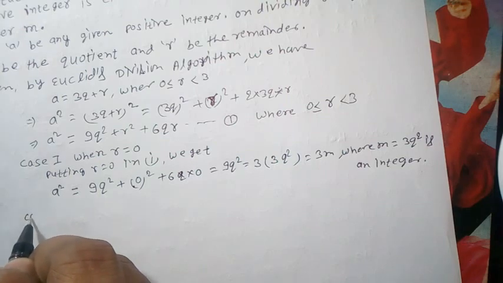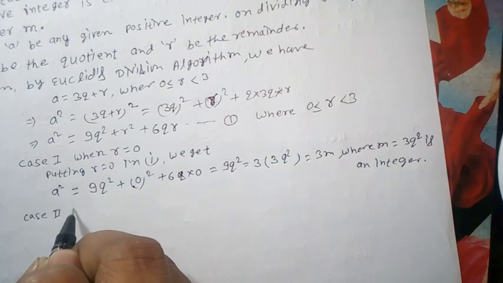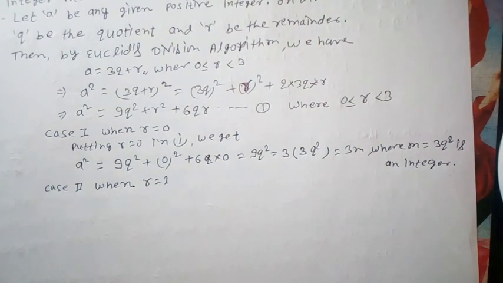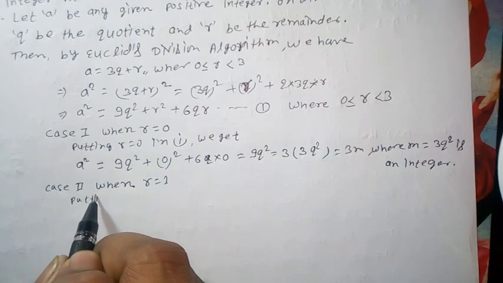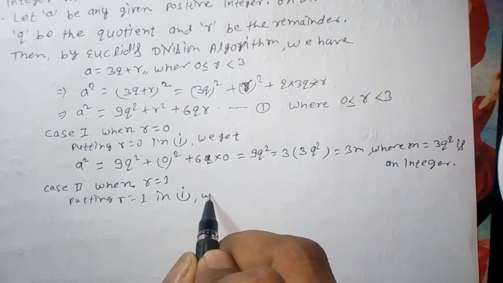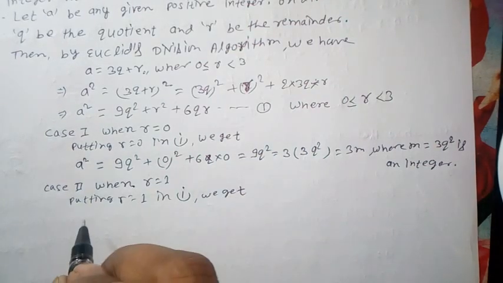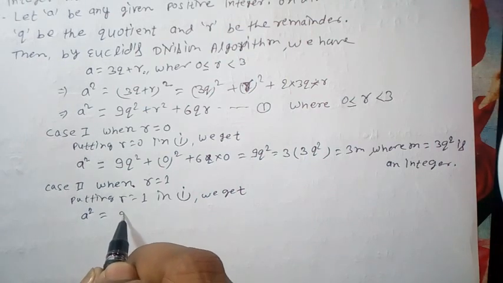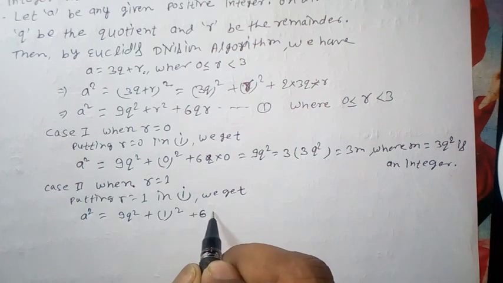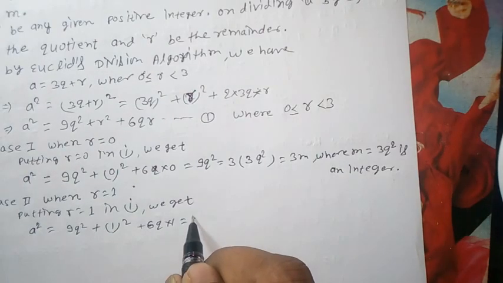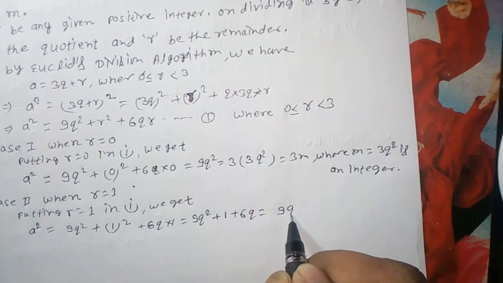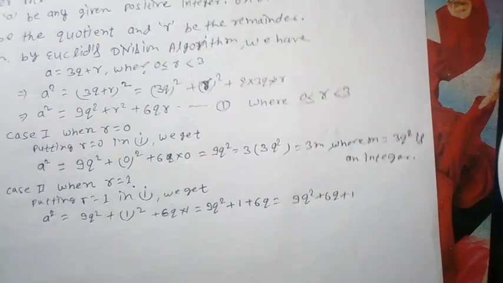Case 2, when r is equal to 1. Putting r is equal to 1 in equation 1, we get a square is equal to 9q square plus 1 square plus 6q into 1, is equal to 9q square plus 6q plus 1.